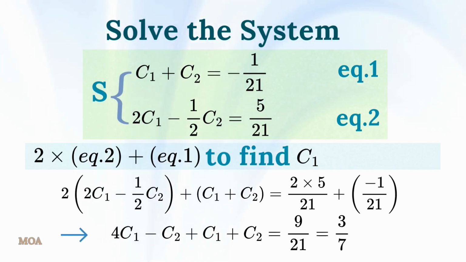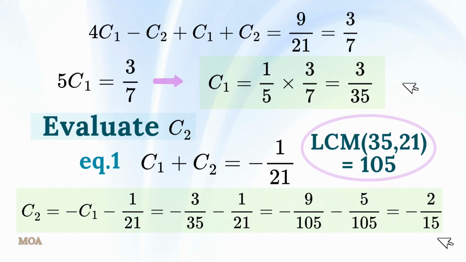This gives 4 times C sub 1 minus C sub 2 plus C sub 1 plus C sub 2 equals 9 over 21, which simplifies to 3 over 7. After canceling plus C sub 2 and minus C sub 2, we obtain 5 times C sub 1 equals 3 over 7. Dividing both sides by 5 gives C sub 1 equals 3 over 35.